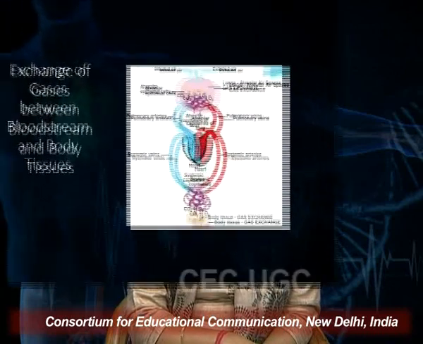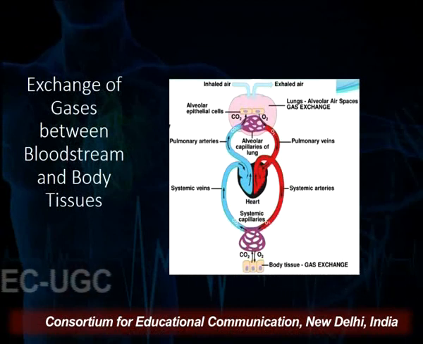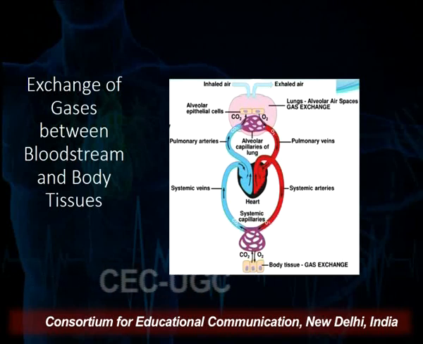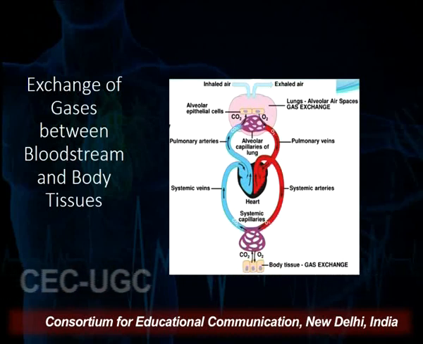Now we will see the exchange of gases between the bloodstream and body tissue. Previously, we learned about the exchange of gases between the bloodstream and the lungs. Now we are going to study the bloodstream and body tissue.